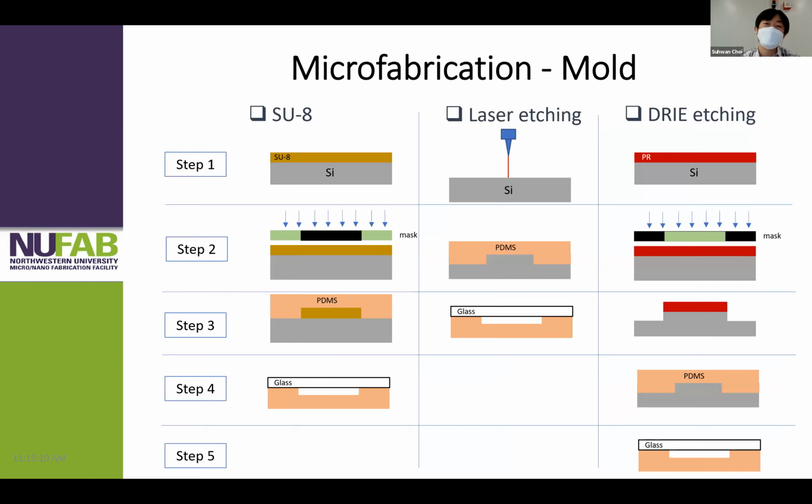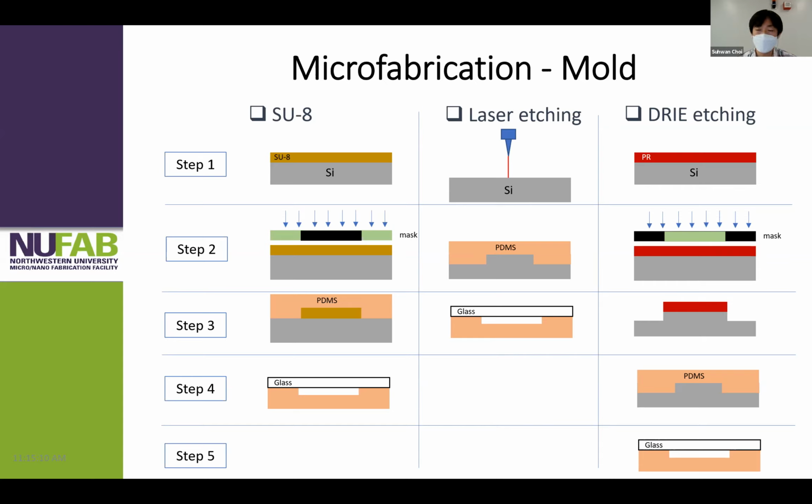For microfabrication of the microfluidic mold, we just want to introduce three different methods: using SU8, laser ablation, and deep RIE etching. For SU8 and deep RIE, we use photolithography to make the patterning and then make the mold, and then we use PDMS molding and use glass as a cover.